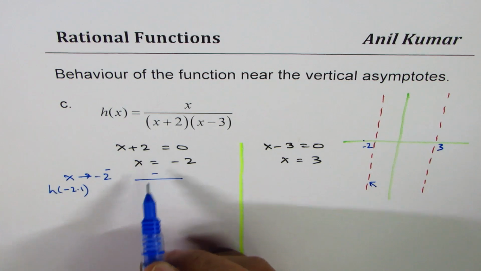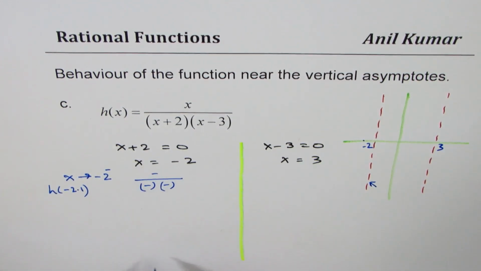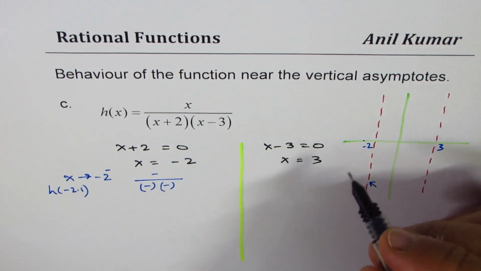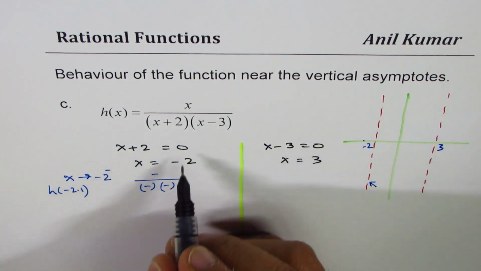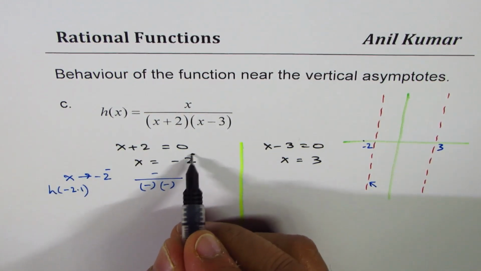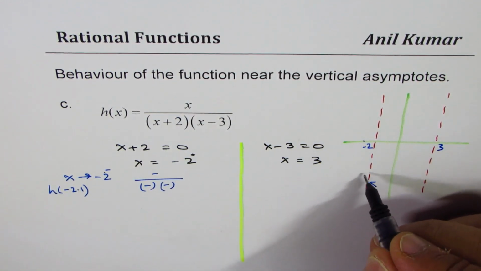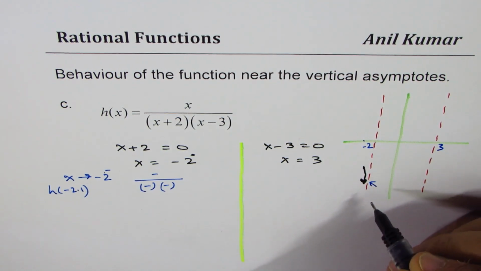So this becomes negative, and here this is also negative. So 3 negatives means negative, right? So that means that when you approach from the left side, I should write minus 2 minus here. So it is approaching and giving us a negative. That is the behavior. Is it okay?